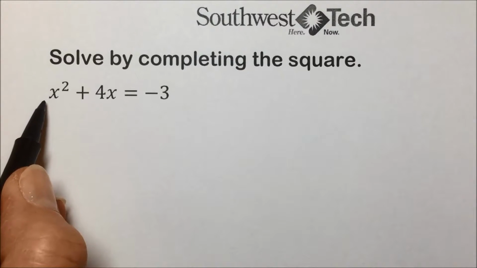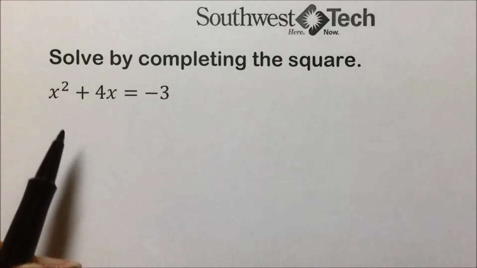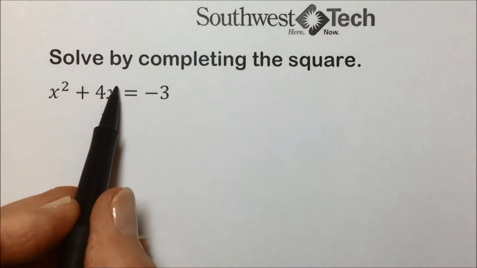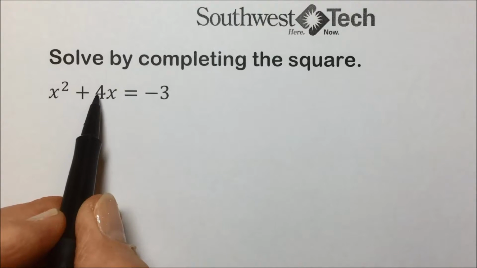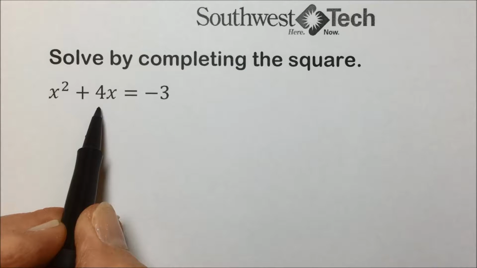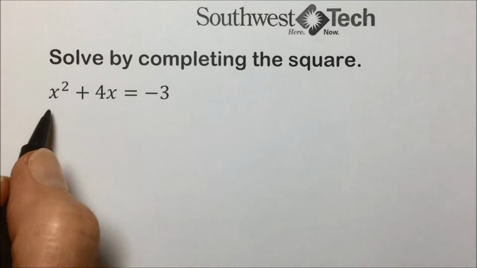Well, our leading coefficient is 1, so we're good on that step. Step 3 says divide the x term, our linear term, coefficient by 2. So we're going to take 4 and divide it by 2, which is 2. Square that, 2 squared is 4, and add it to both sides.